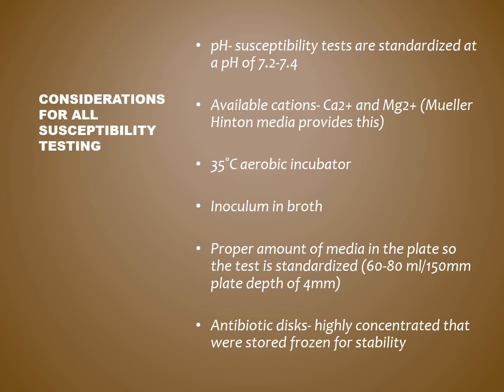We want our inoculum in broth set to a 0.5 McFarland standard. We want the proper amount of media in the plate. Usually we use the big plates, and we want about 60 to 80 mL of agar at a depth of about 4 millimeters. And then we want our antibiotic discs. These are usually frozen until we're ready to use them, and our working supply is refrigerated.